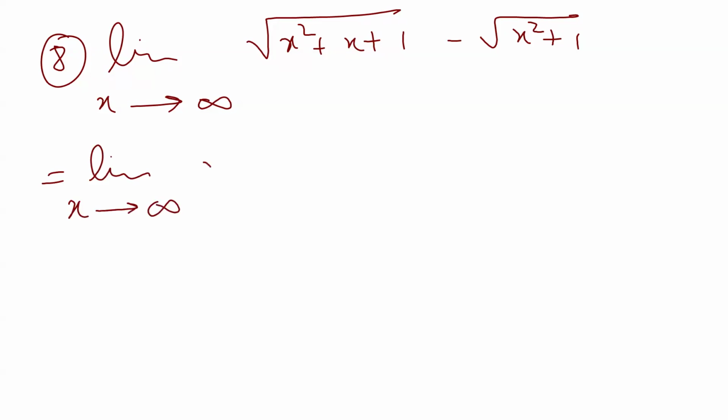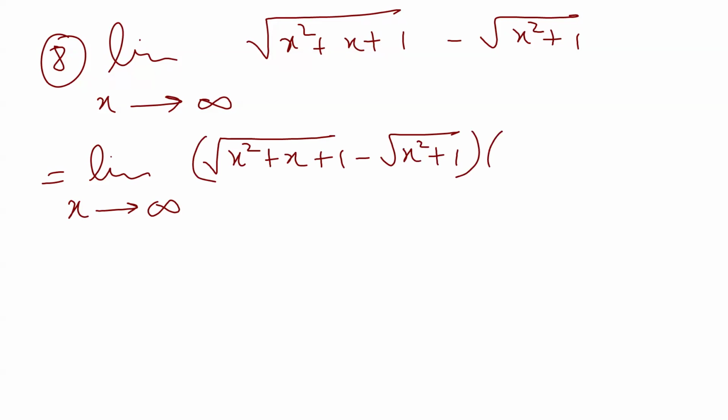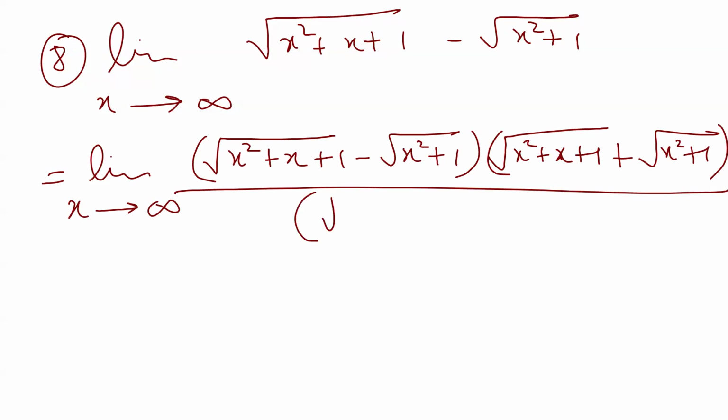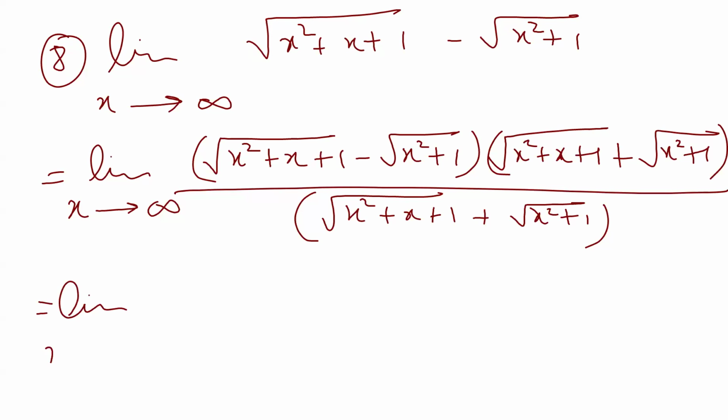Limit x approaching infinity, root of x square plus x plus 1 minus root of x square plus 1, into root of x square plus x plus 1 plus root of x square plus 1. I have made an attempt to rationalize. So numerator will be a square minus b square, don't remove the round bracket.